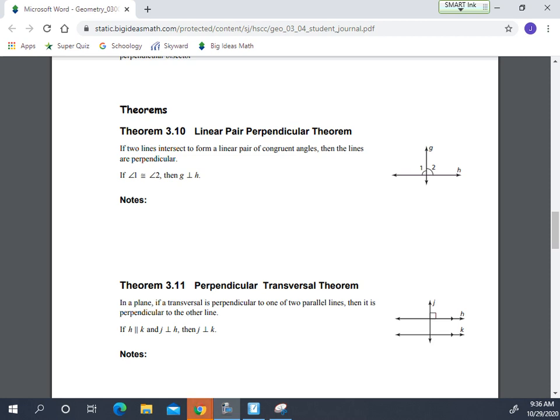Well, if we know those are congruent, that means we have a perpendicular line, because those have to be 90 degrees in our linear pair. That line has to be perpendicular. Okay, moving on.